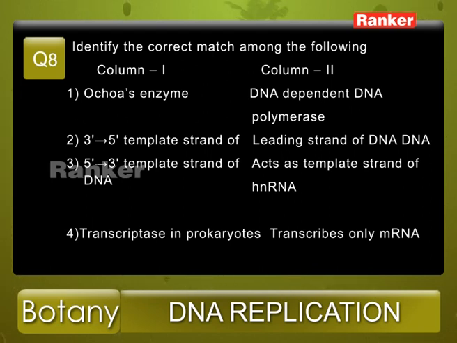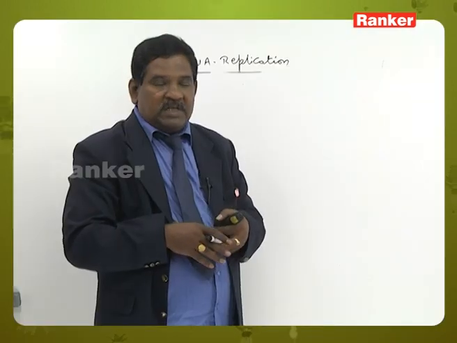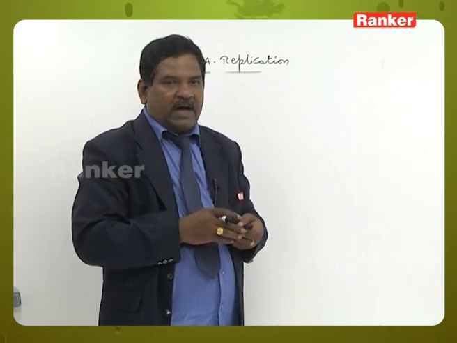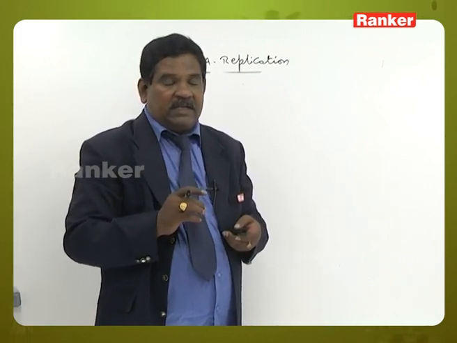Option 3, 5' to 3' template strand of DNA acts as template strand of hnRNA, heterogeneous nuclear RNA. Option 4, transcriptase in prokaryotes transcribes only mRNA. Khorana's enzyme is useful for the production of RNA with defined sequences.